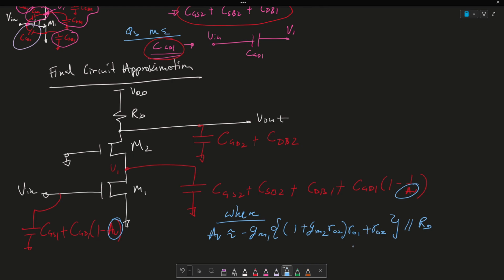Okay, and essentially this is approximately minus GM1, or the transconductance of this transistor, times RD. Okay. Again, I've posted the video to this on the top right-hand side of the corner of this video, so please feel free to check that out.